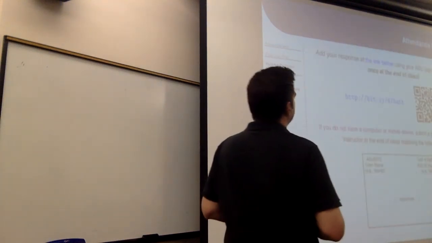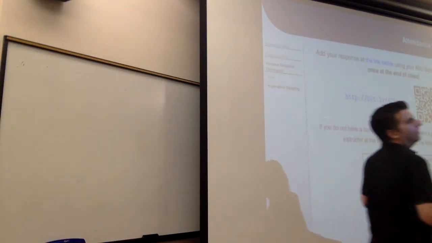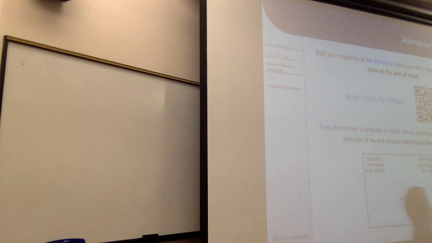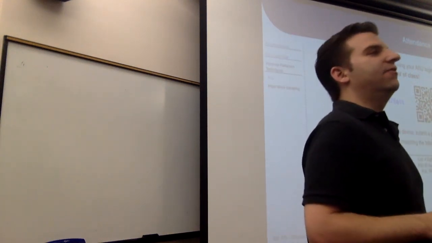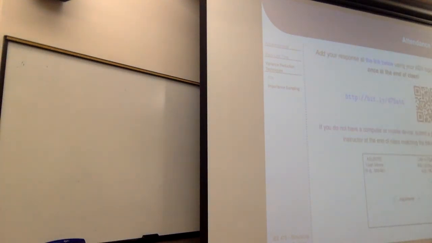All right. So that's all I've got for you for variance reduction techniques. So we'll wrap up here, and we'll do one last attendance question. If I want antithetic variates to work, do I want positive or negative correlation between my paired simulation replications?